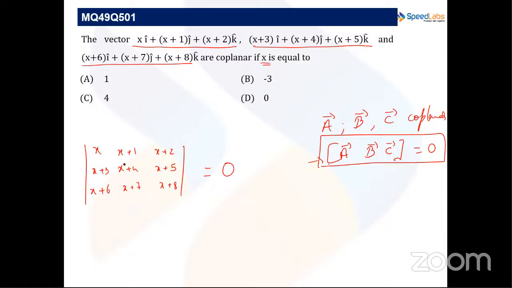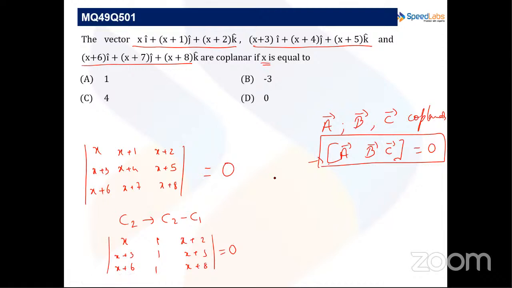What we can do is put this operation in C2, that is C2 minus C1. So you will get x, x plus 3, x plus 6, 1, 1, 1, x plus 2, x plus 5, x plus 8 equals to 0.